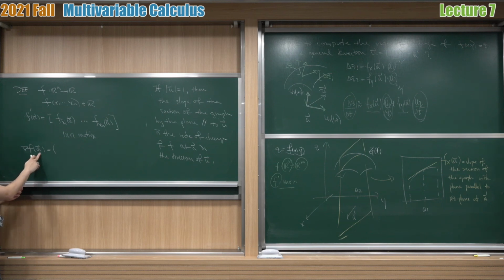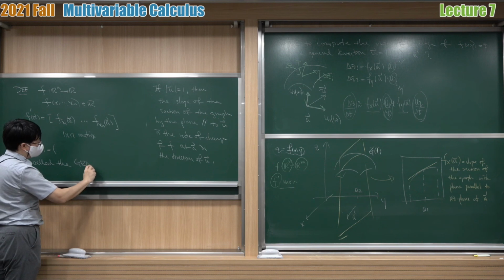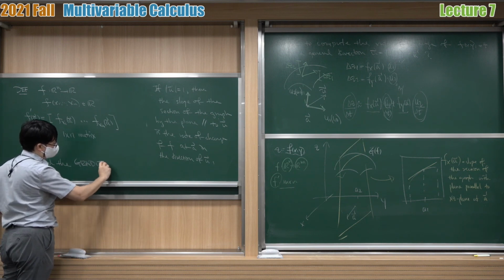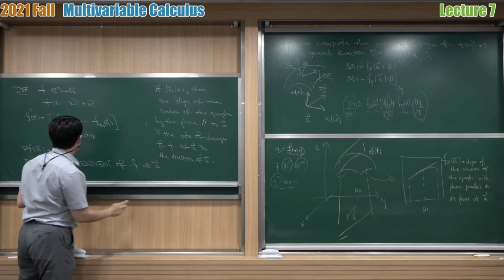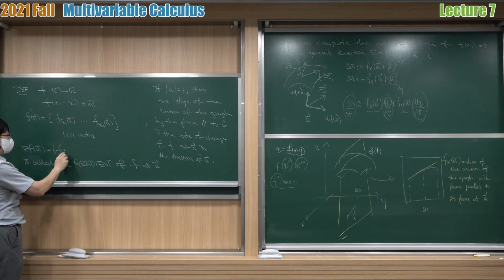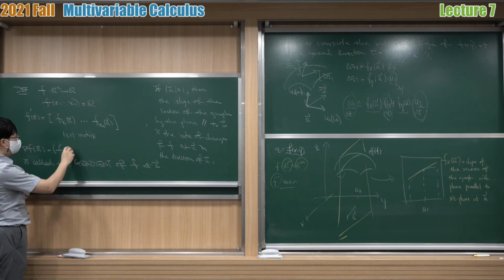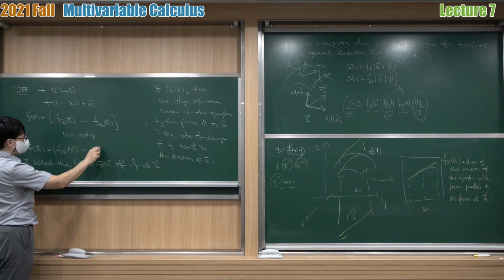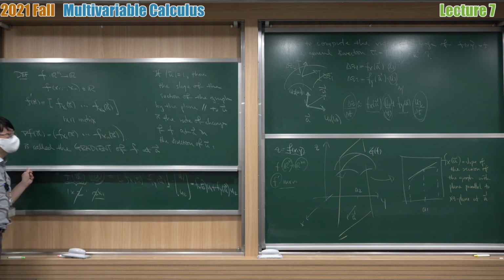Nabla f(a) is called the gradient of f at a. And the coordinates are the same as the coordinates in the derivative. Okay.